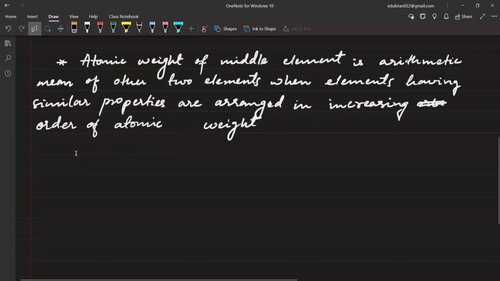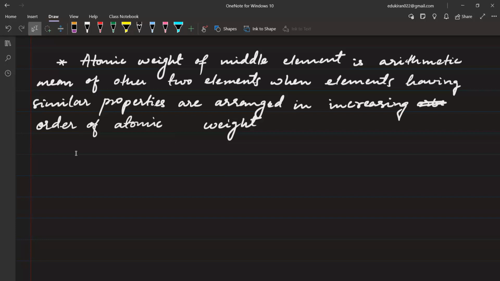Okay. So now what he actually did was, once he arranged elements with similar properties, what he observed was the middle element has its atomic weight as the mean of the first and the last element. Then it occurred to him, so he started looking for these types of triplets, which he called triads.